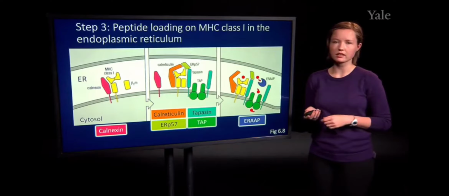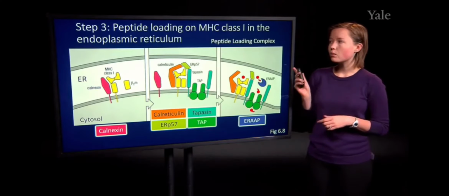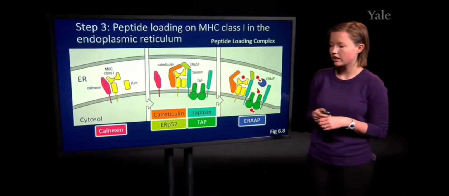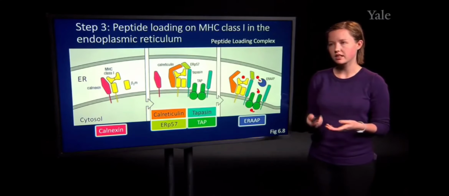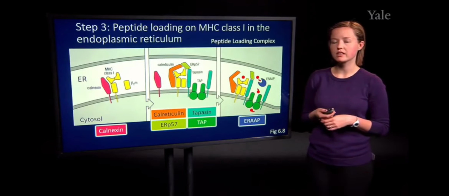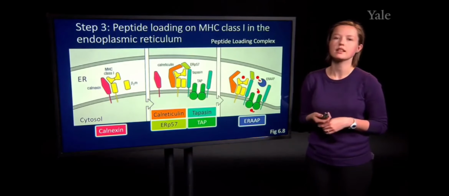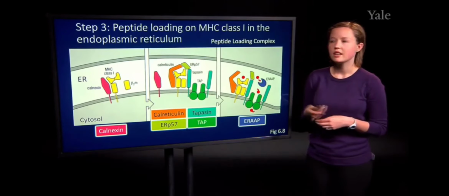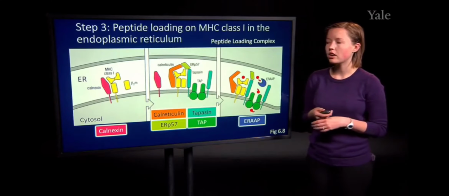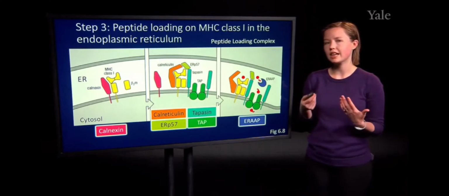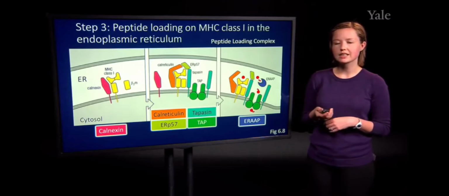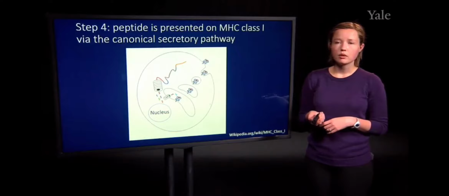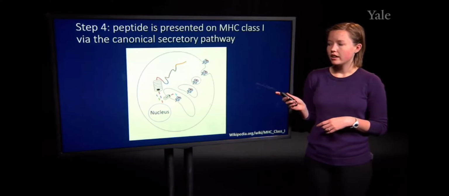I also wanted to mention at this point that these 4 proteins right here, calreticulin, ERp57, tapasin, and TAP, are referred to as the peptide loading complex. And so that's just some important terminology, and these are the proteins that are very important to remember that facilitate this peptide loading process. So at this point, we move into step 4, in which the MHC class 1 has been loaded.